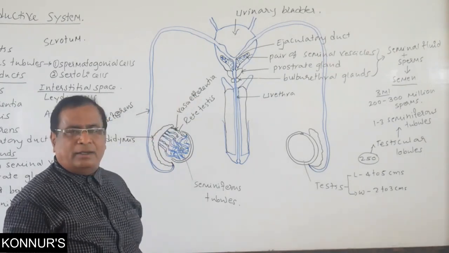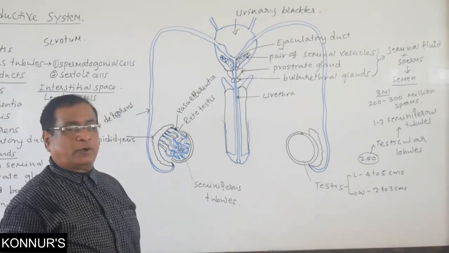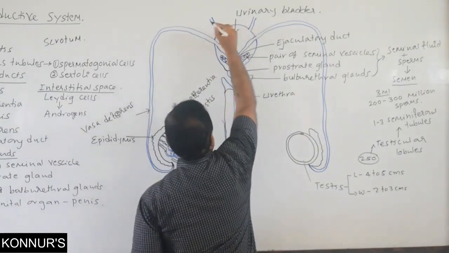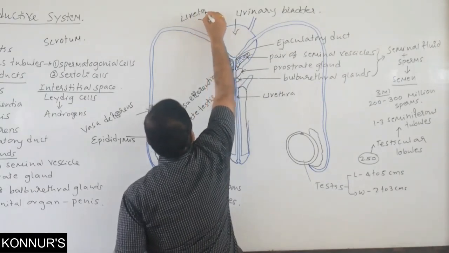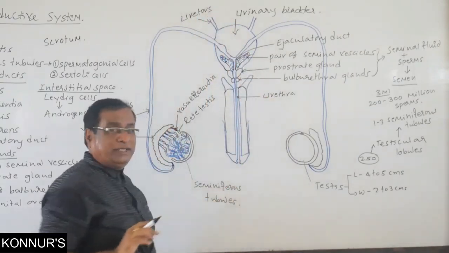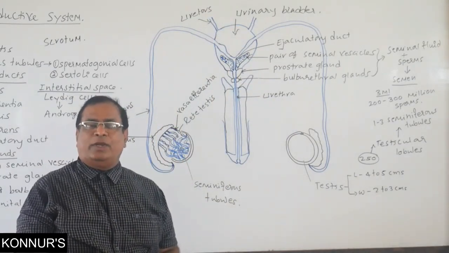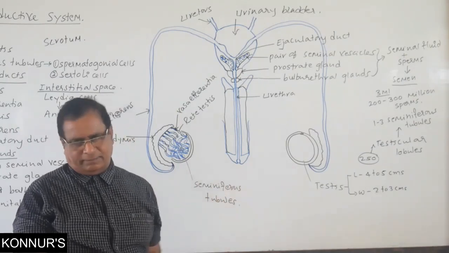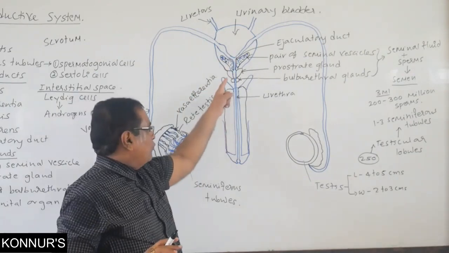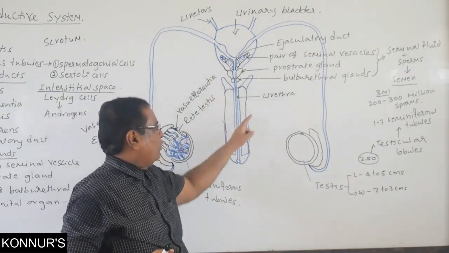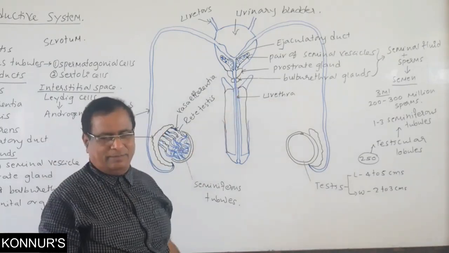In the urinary bladder, urine is stored. That urine comes from a pair of ureters, and those ureters bring urine from the pair of kidneys, and that urine is stored in the urinary bladder. From the urinary bladder only, this tube, the urethra, originates.